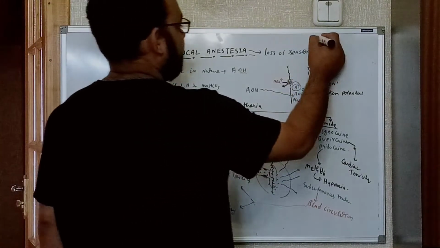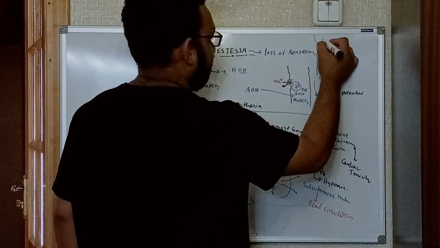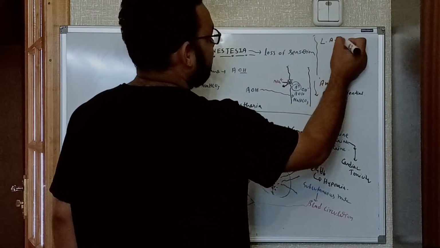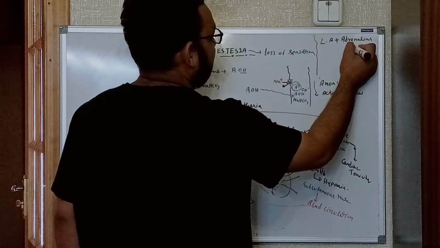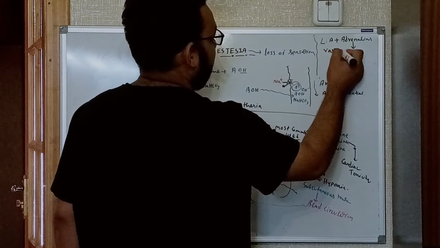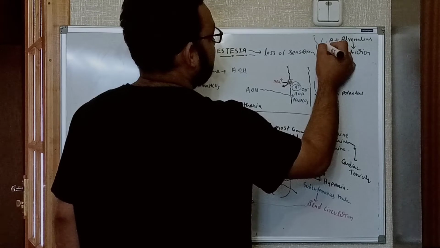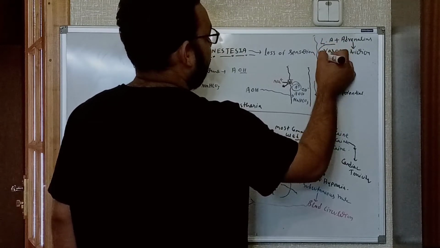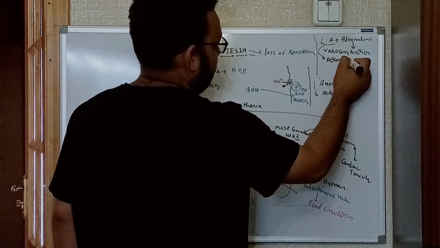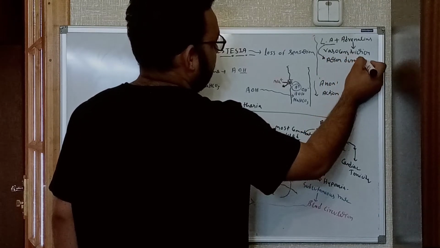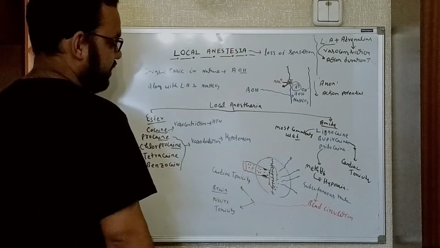So we write that we should use local anesthetic drugs plus adrenaline. This adrenaline will cause vasoconstriction, and whenever vasoconstriction develops, the local anesthetic drugs stay for longer durations. So the action duration will be increased in these cases.